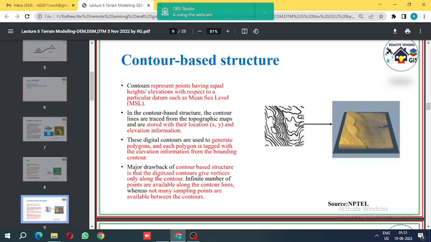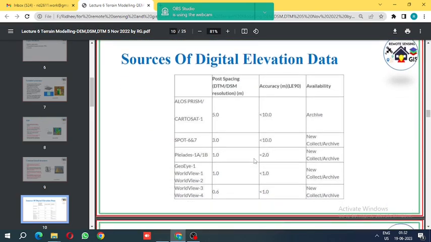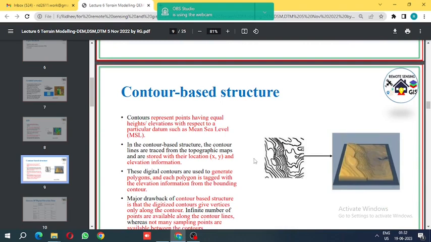Maybe this one is 900 meter, or 950 meter, depending on the interval of the contour. So this line is joining the points having the same elevation or height, right? So this is the whole thing of DEM contour based structure.